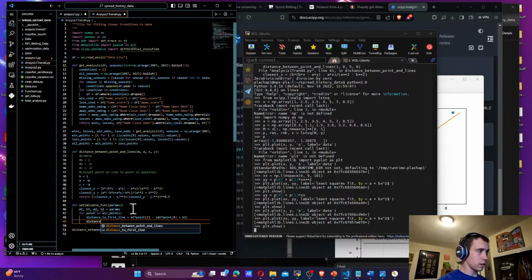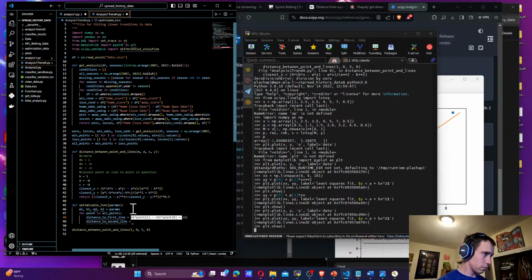That's just that, and distance to second line is the same exact thing, but m2 and b2 instead. Just point 1, yep. b2, m2, and that's just point 1.